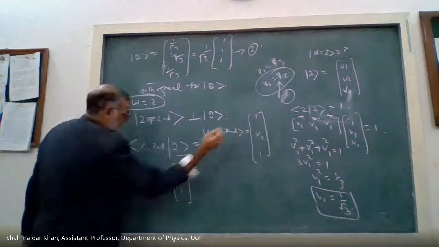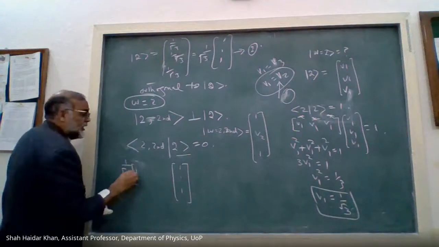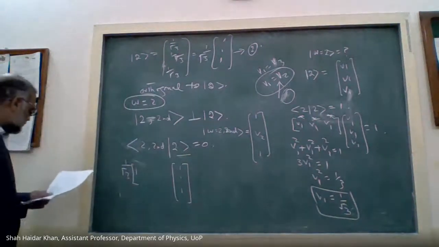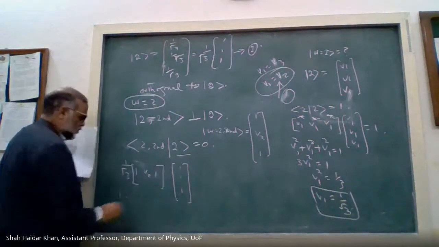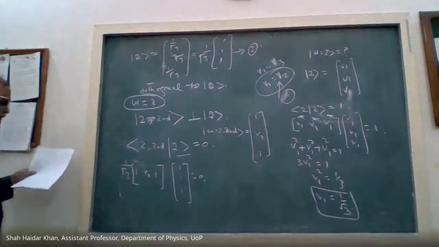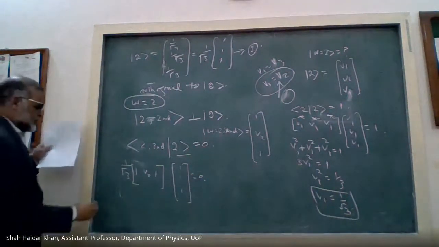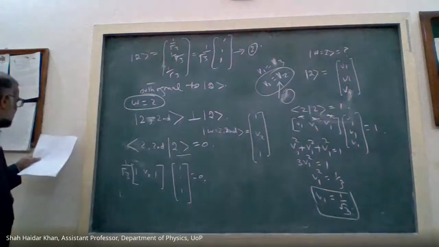I have selected this. So it will be like 1, right? And this should be equal to 0, right? Okay, this will be 1, right?